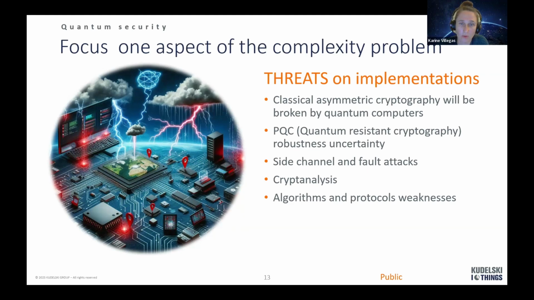So we have to handle this quantum resistant cryptography, for which, for some of them, we have some uncertainty related to the robustness, because the security proofs are not completely finalized for some, and we have to handle side channel and fault attacks. In addition to that, the protocols that will rely on the implementation of these new algorithms will also need a secure implementation and secure countermeasures.